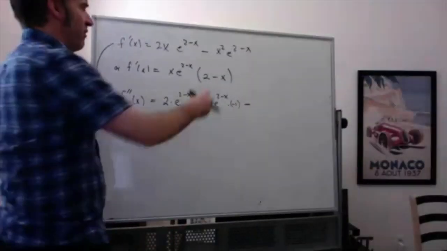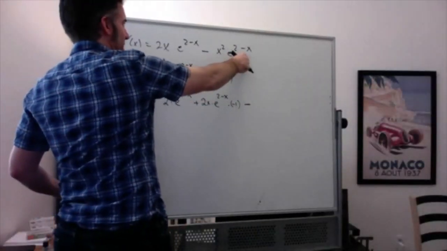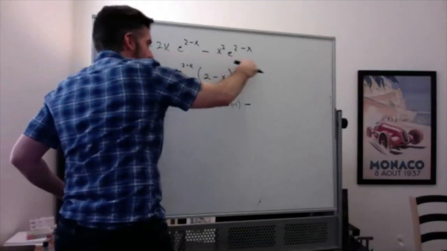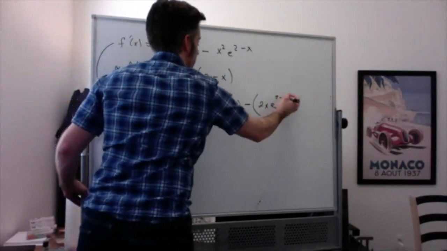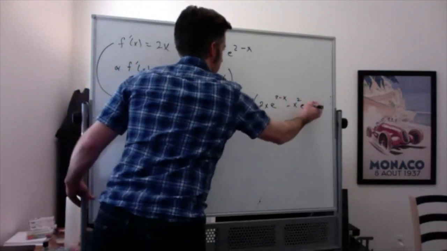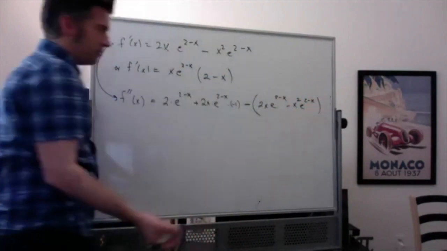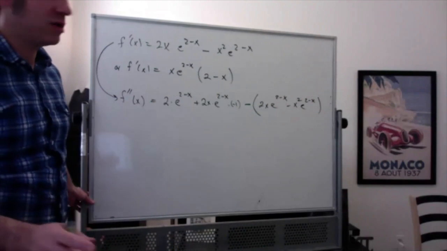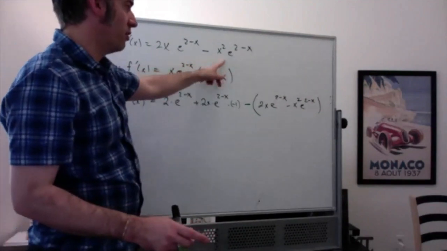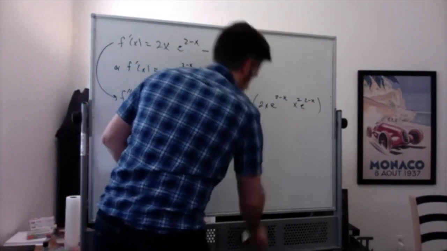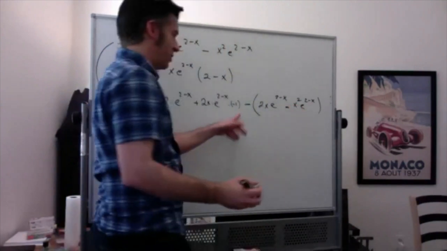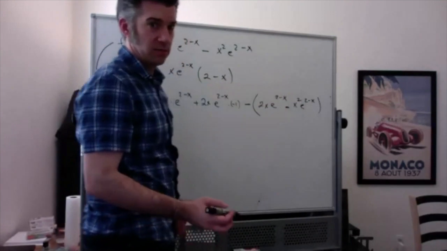So the derivative of x squared times e to the 2 minus x is all of this. Do make sure, since it was minus there, that you end up distributing this minus sign to both pieces.